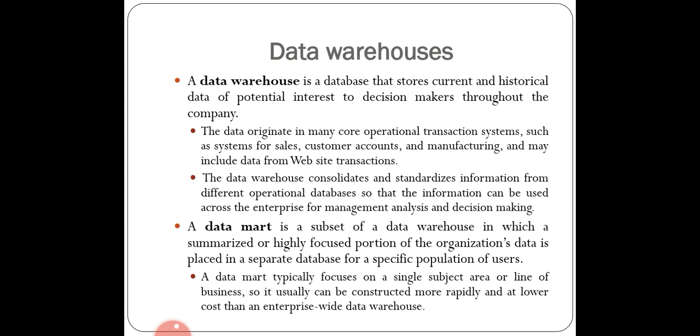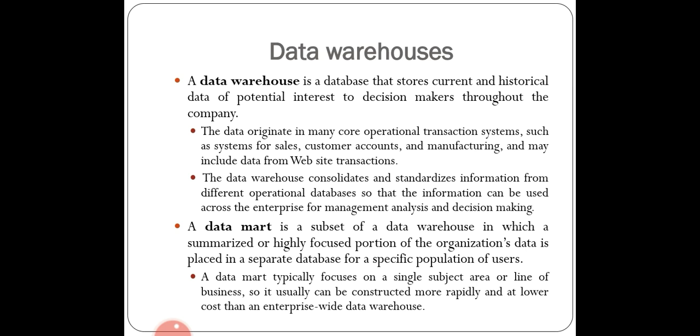Speaking about one particular subject, after transactions have been done, that subject's information is taken and stored as historical data. If that kind of recording is done, then that type of database, we call it a data warehouse.